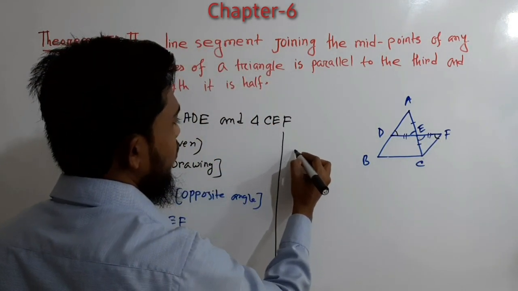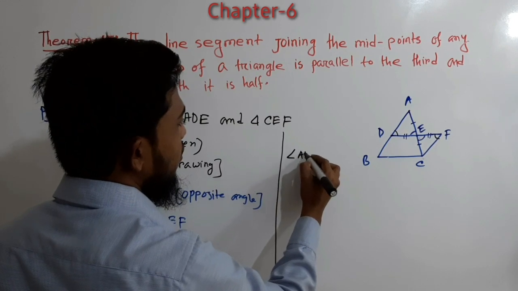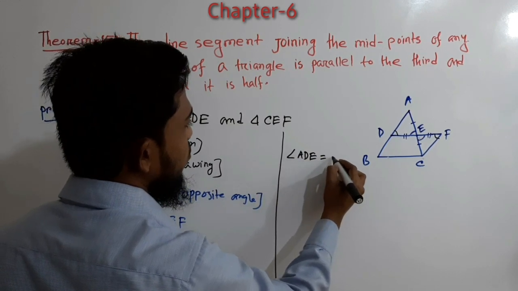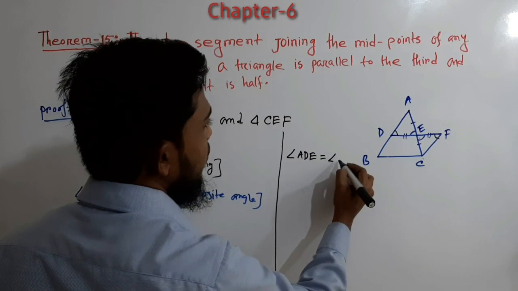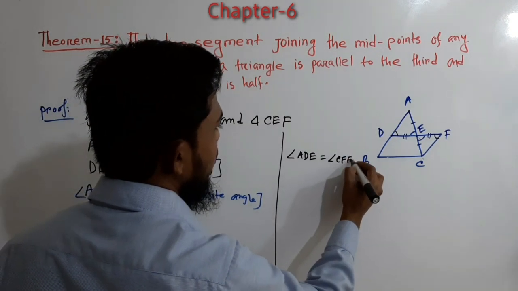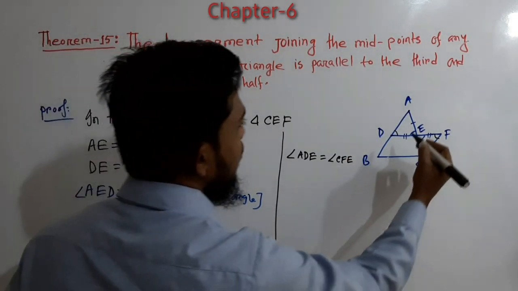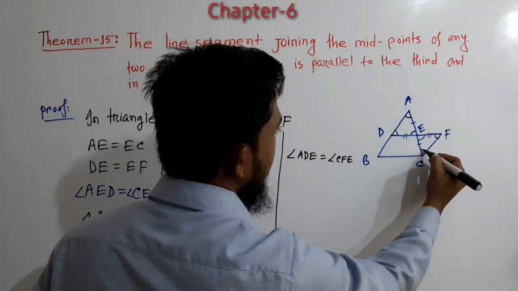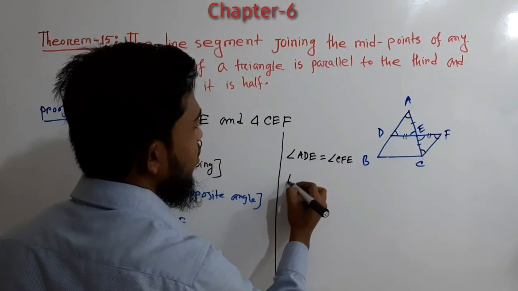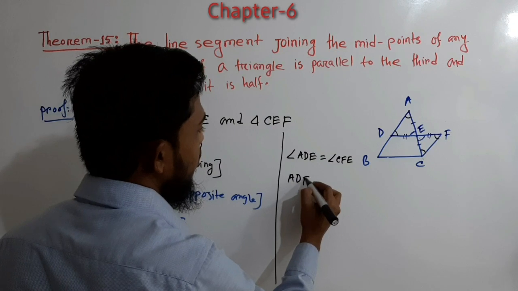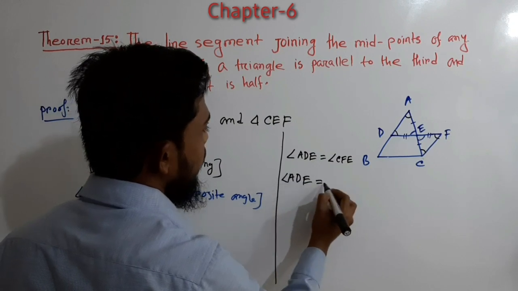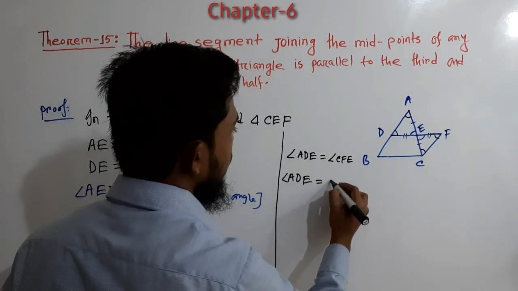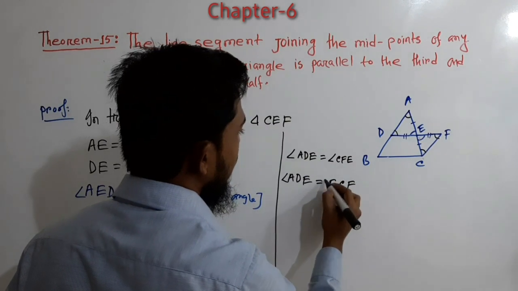So, angle ADE is equal to angle CFE, and this angle and this angle are equal. So, we can write angle ADE is equal to angle ECF.